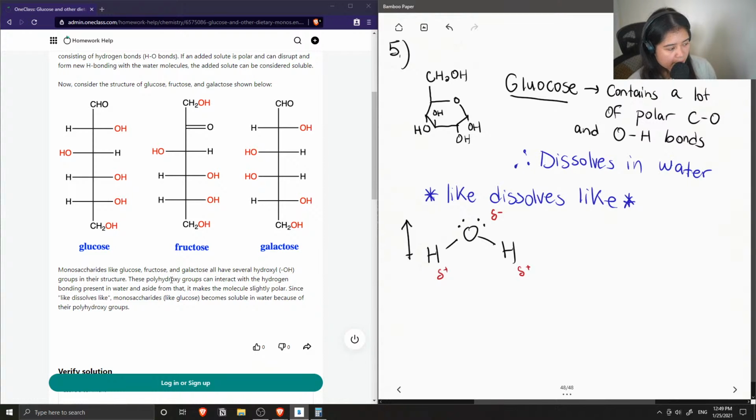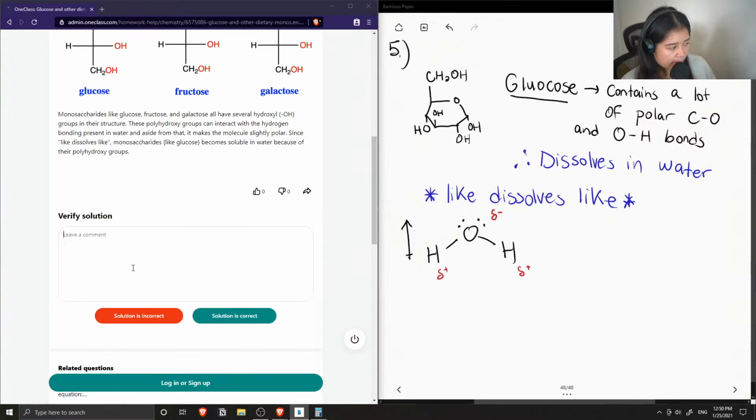These polyhydroxy groups can interact with the hydrogen bonding present in water, and aside from that, it makes the molecule slightly polar. Because of like dissolves like, monosaccharides like glucose become soluble in water because of their polyhydroxy groups. Yep, so this solution is correct.